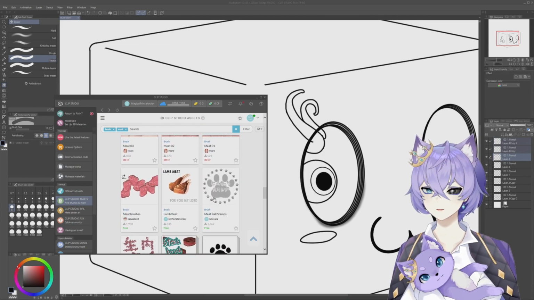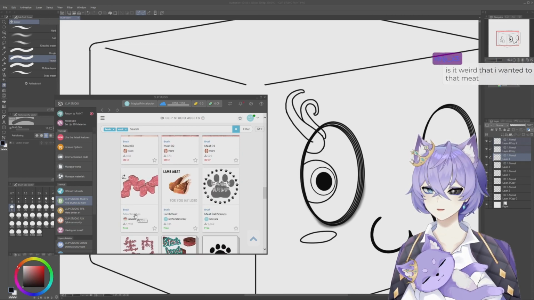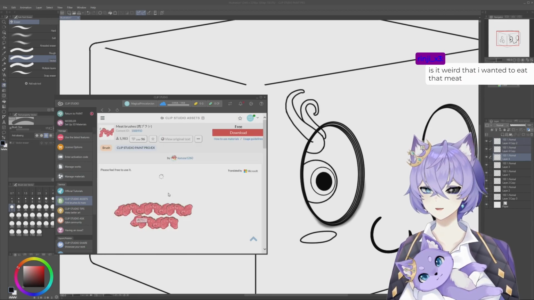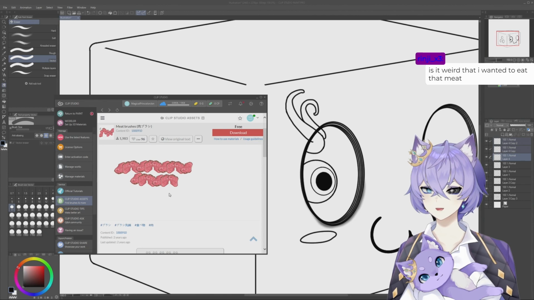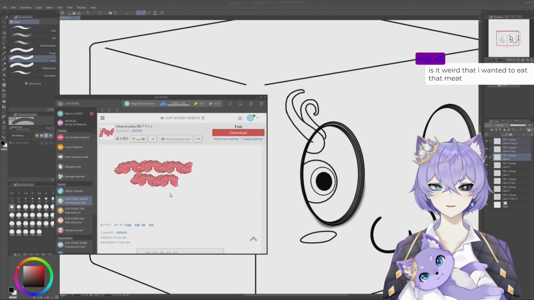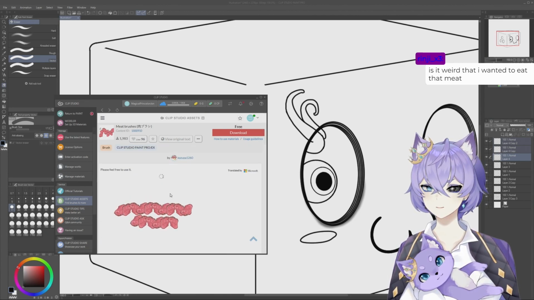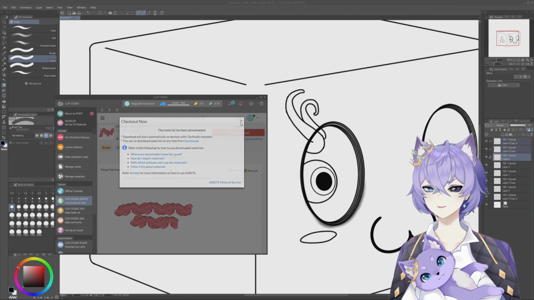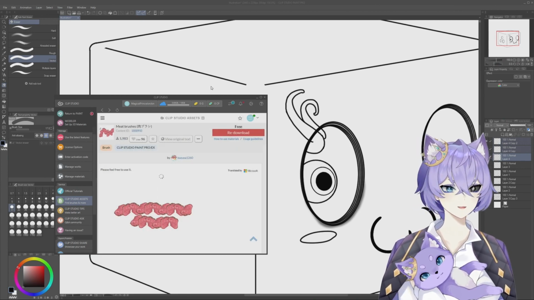Most of these aren't textures that I can... oh, wait. Wait. I mean, I gotta try this. I gotta try it now. Maybe I can make it work.